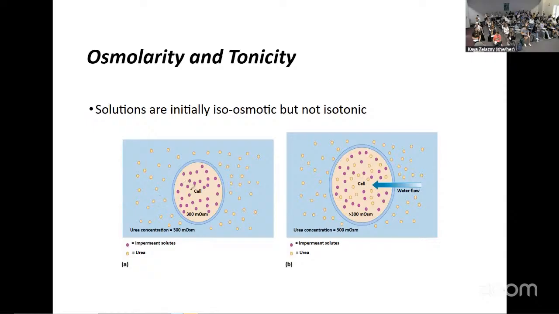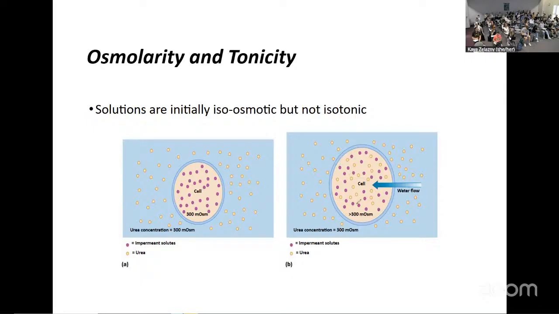We can see that the urea here in yellow has its own concentration gradient, so we've got a chemical driving force on this yellow molecule. The membrane is permeable to it, it's permeant, so it can move into the cell on its own, and it comes to equilibrium on its own.